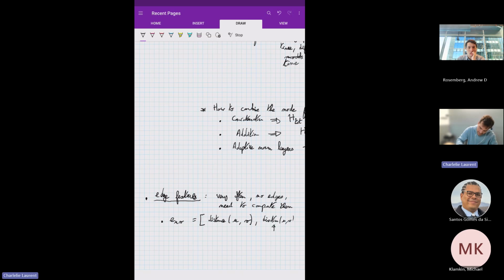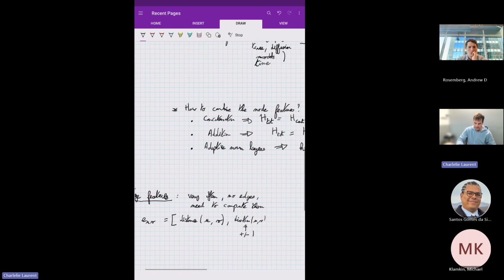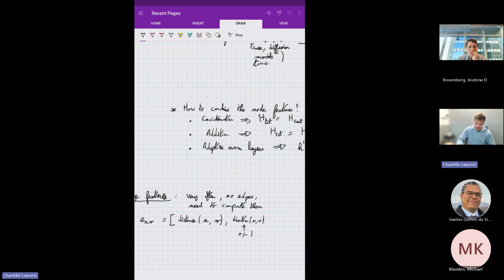Direction is just plus or minus 1. The distance is an absolute value, and the direction just gives you the direction. The reason why we do that is just because it works better by separating those two features into two instead of keeping them as one.